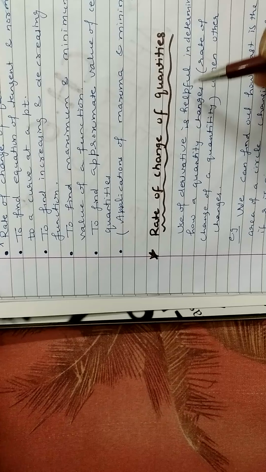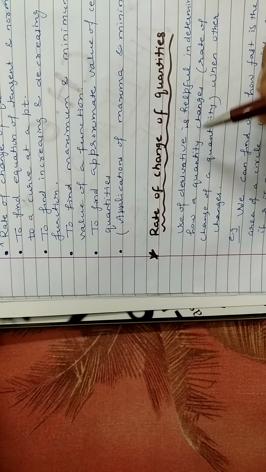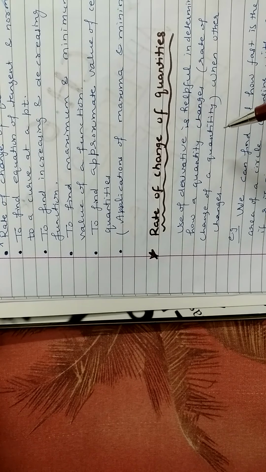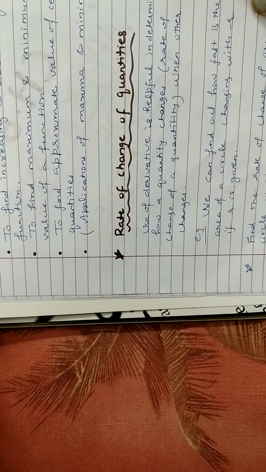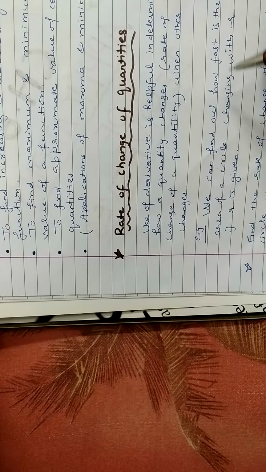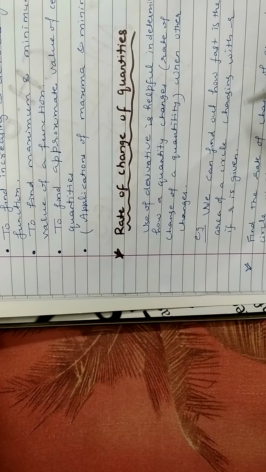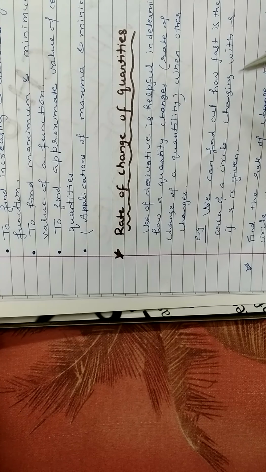What do I mean by rate of change of quantity? This derivative is very helpful in determining how a quantity changes, meaning the rate of change of a quantity when another changes. For example, we can find how fast the area of a circle is changing with r when r is given.